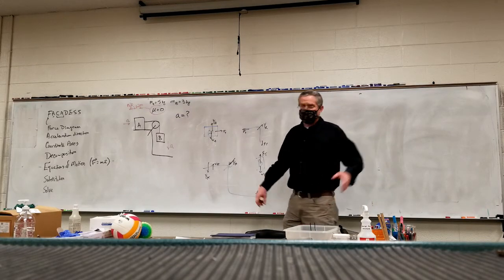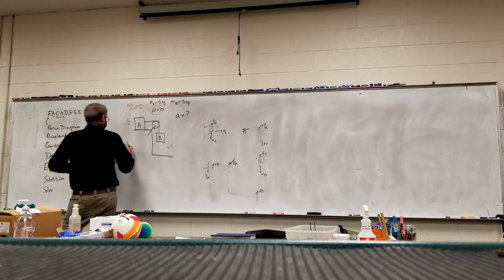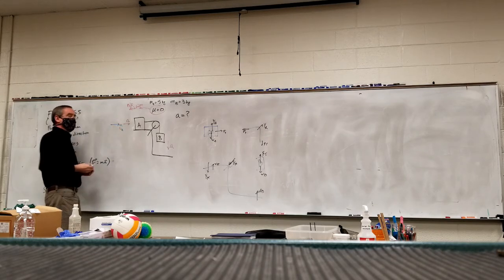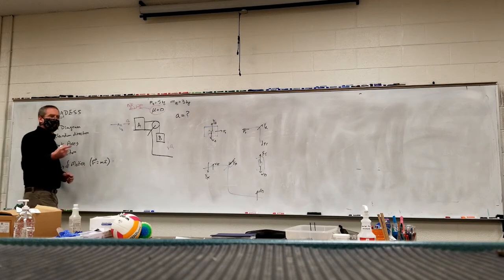Since box A is going to move to the right, I'm going to set up my coordinate system. I'm going to make i hat, and call it i_A hat, in the same direction as acceleration. j hat is perpendicular to it. Now, if you want to make j hat positive up or down, it really doesn't matter. Just pick one. Somebody pick one, up or down, positive. Positive down. Sit down. Yeah.